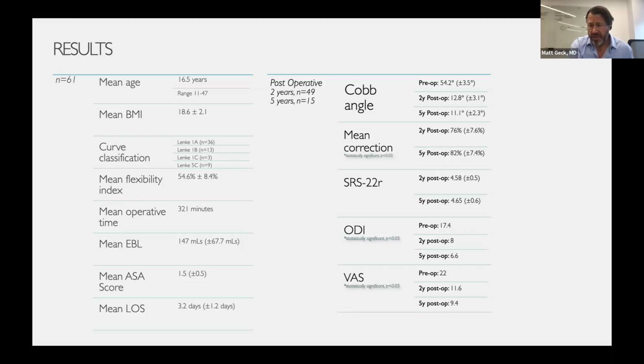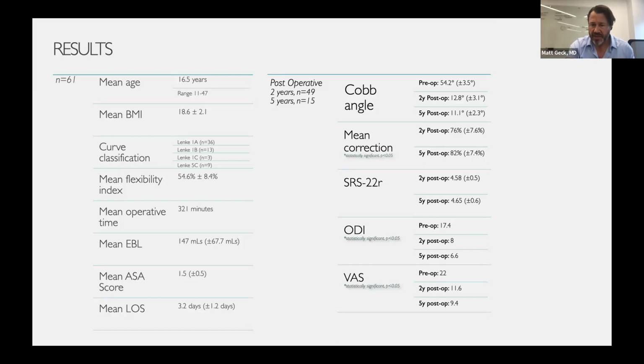And post-op SRS-22 scores, that's a little bit of an arcane measurement there. But usually for idiopathic scoliosis, you can expect a post-op SRS-22 score to be between 4.4 and 4.6. And so you see that our scores were right in that milieu.